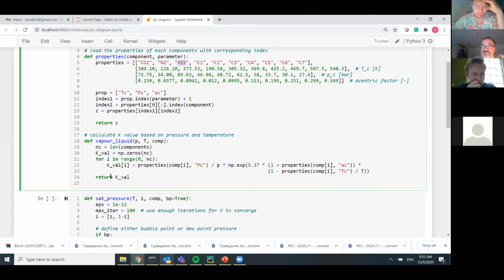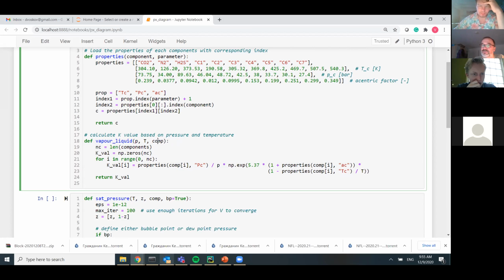And then we use here the so-called Wilson K-value correlation. I will show you a bit later today in the lecture. But more or less, it correlates the K-value as a function of pressure and temperature for the given set of components.